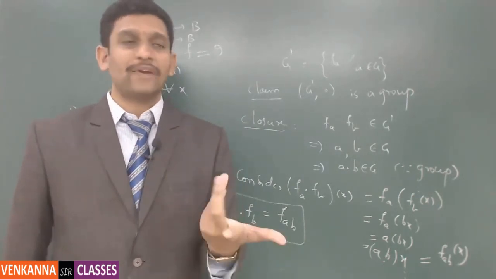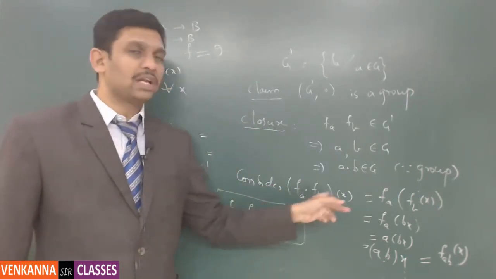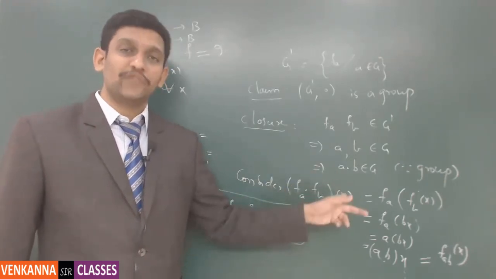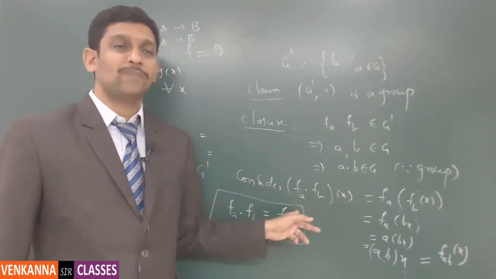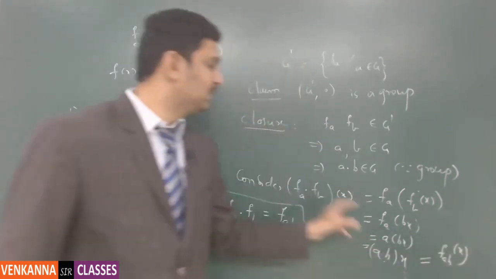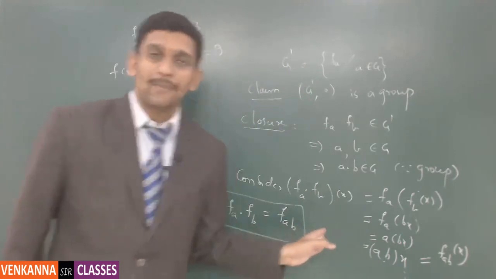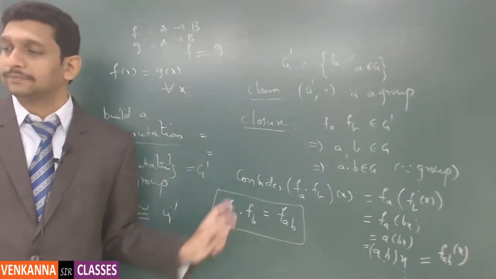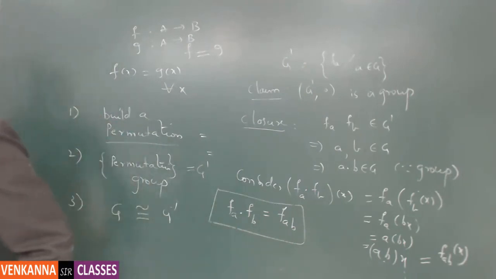That's why I have calculated FA dot FB at x. So you are calculating the image of x for FA FB and the image of x for FAB. Since these two are equal, I am confirming that these two functions are equal. Okay? The underlying idea is that. Are you getting the context?